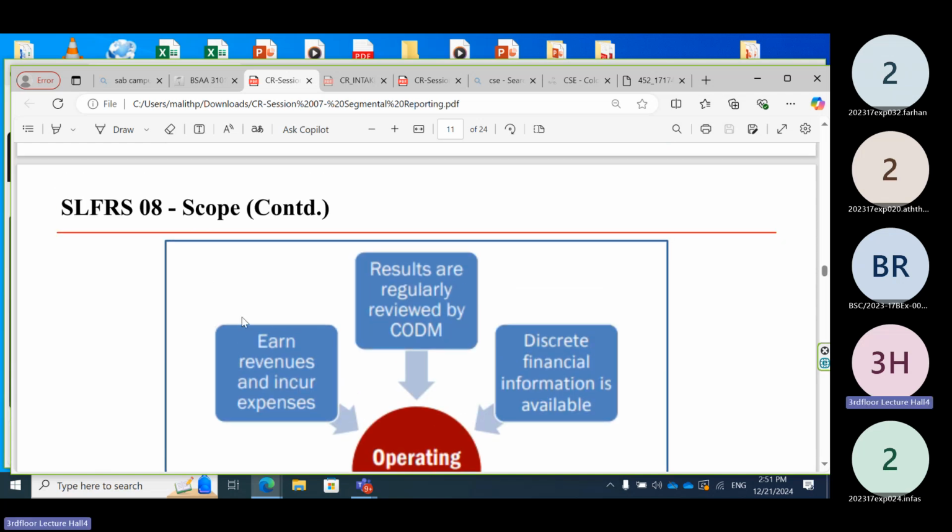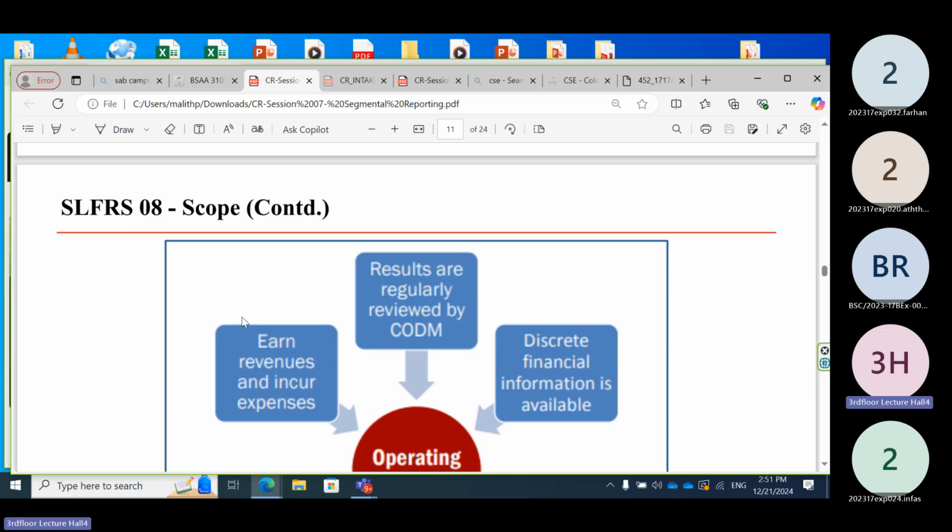So an operating segment has three characteristics. The results are regularly reviewed by the CODM, and it earns revenues and incurs expenses. It is not a marketing department. It is not a finance department.